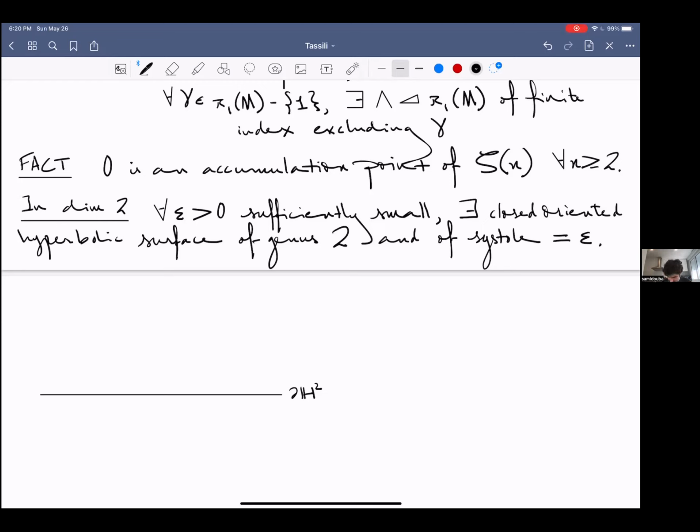So I fix a line. And now I take a circle of a fixed Euclidean size, and I slide it along this ray.